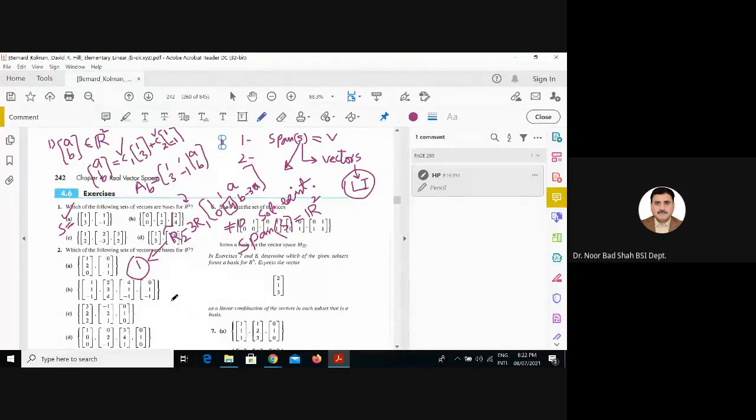Now we go for the next one. We check linear independence. For that, if you remember, I told you we will do it directly by putting A and B both equal to 0 in equation 1. So put A equal to B equal to 0 in equation 1. What would happen?